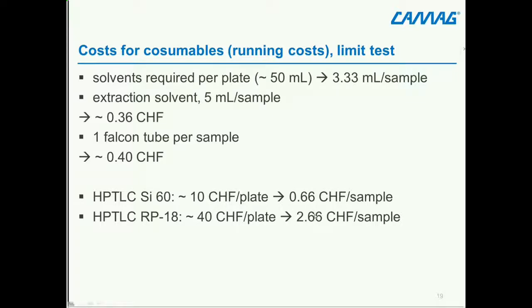Then the costs will also increase by a big factor. But in total, on straight phase, including the sample preparation, the costs are about 1.4 Swiss francs and 3.4 Swiss francs on reversed phase. So especially for straight phase, I would say this is quite a cheap analysis.